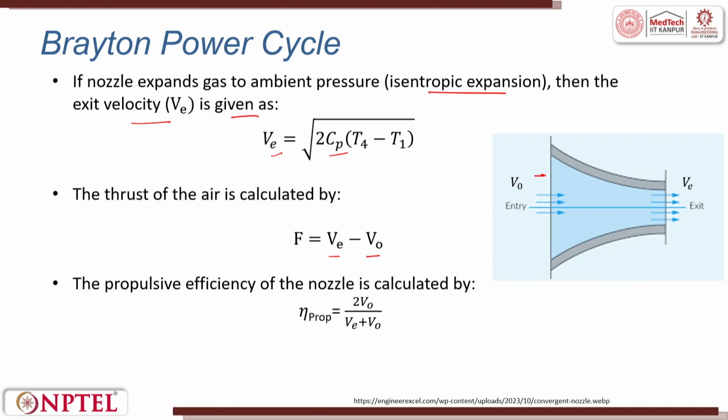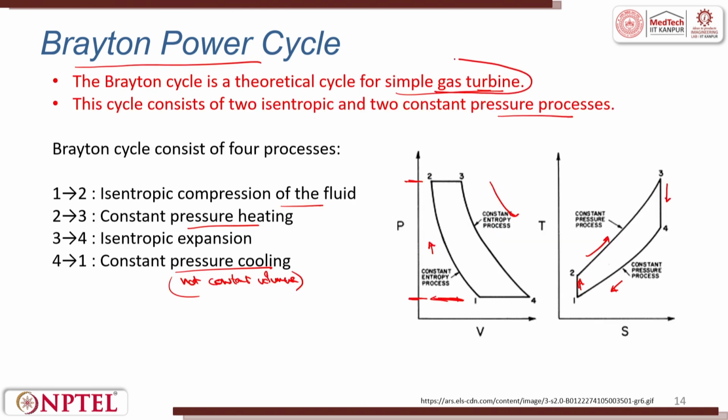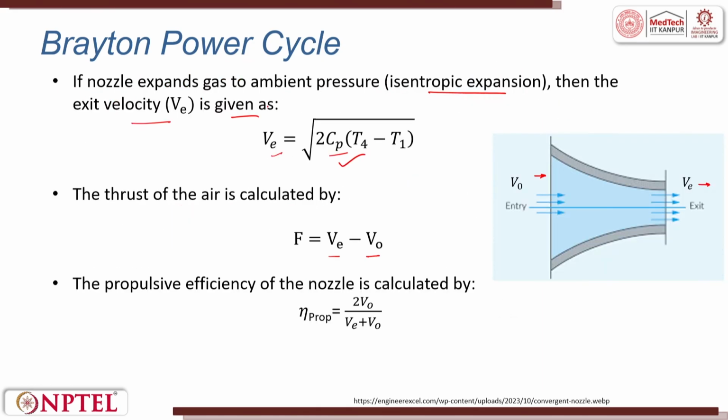Here V naught is entry, here VE is exit. The exit velocity is given by this relation. The propulsive efficiency, because we are talking about the gas turbine, though it is a theoretical cycle, is the propulsive efficiency of the nozzle, calculated by 2 V naught by VE plus V naught.